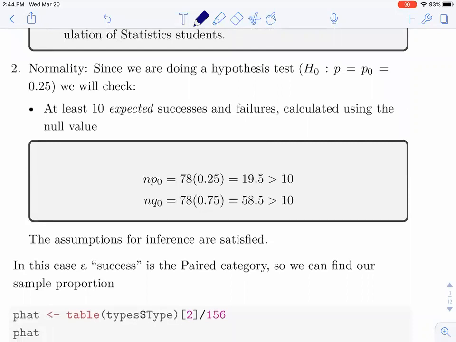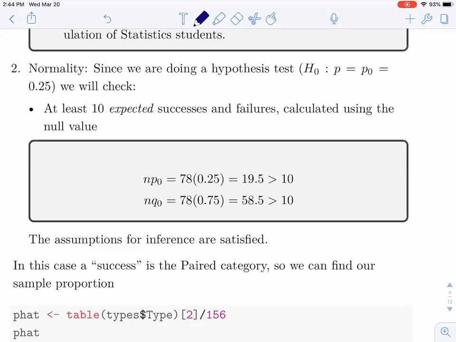Okay. So now we're doing a hypothesis test. So we're going to check that we have at least 10 expected successes and 10 expected failures. We've got a sample size of 78, and our P naught, remember, is 0.25. So a quarter of 78 is 19.5. It is more than 10, so that's good. So it checks out.